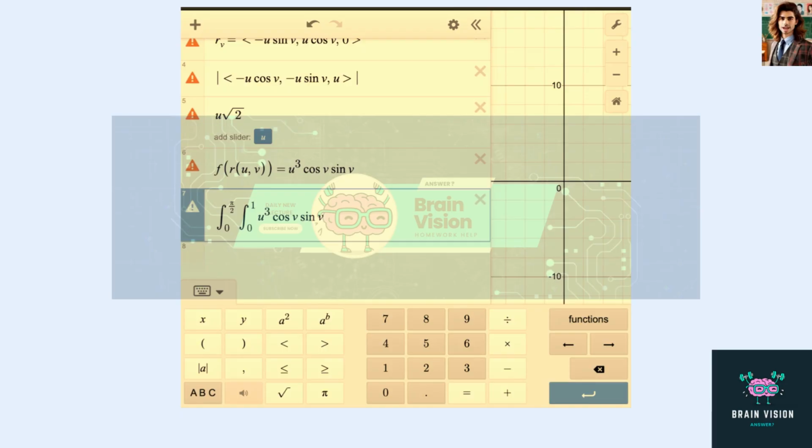But we can pull out that square root of 2. So what we'll end up getting as a result will be the square root of 2 and then u, and this will be du dv.